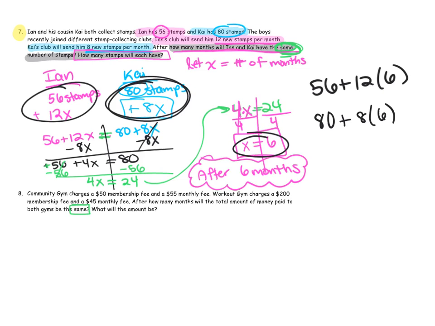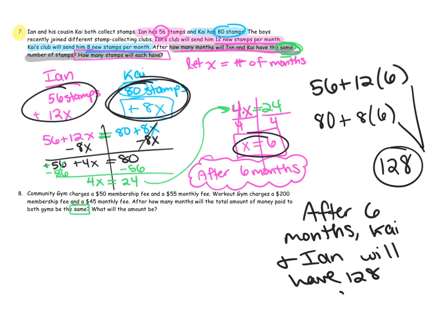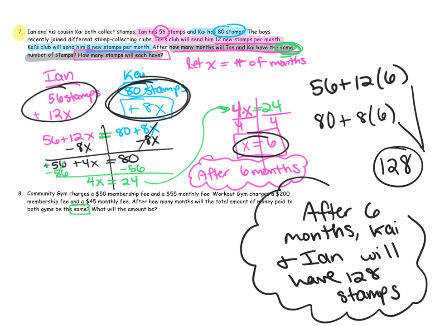When I put both of these in the calculator, I end up getting 128. So to finally write this up, we're going to say after 6 months, Kai and Ian will have 128 stamps. That fully answers the question.